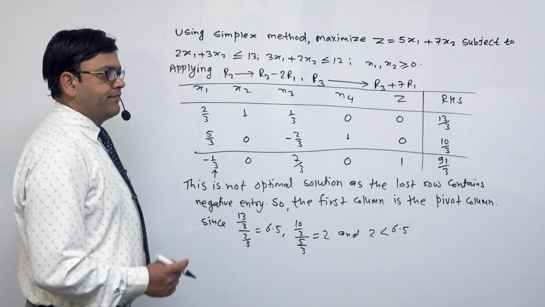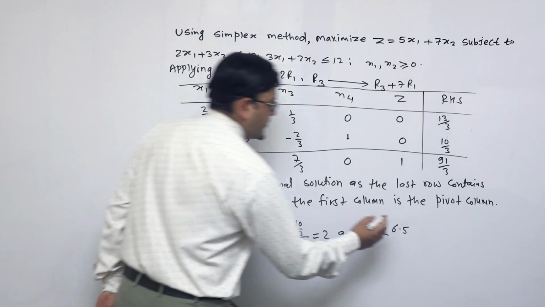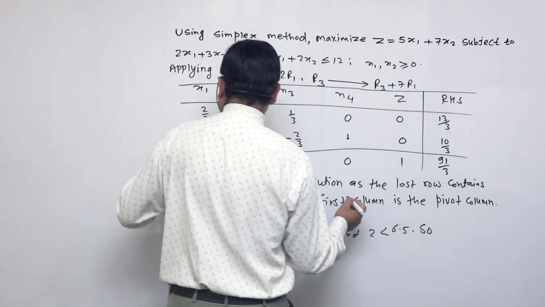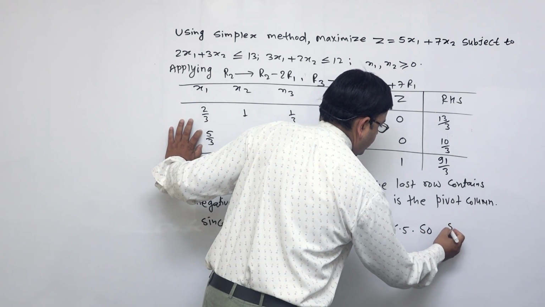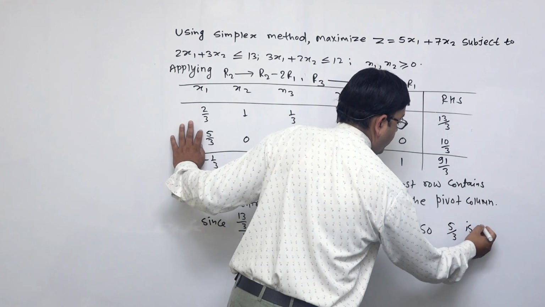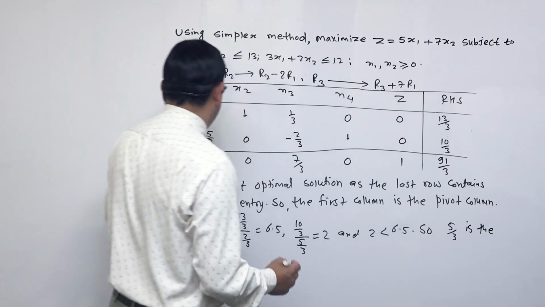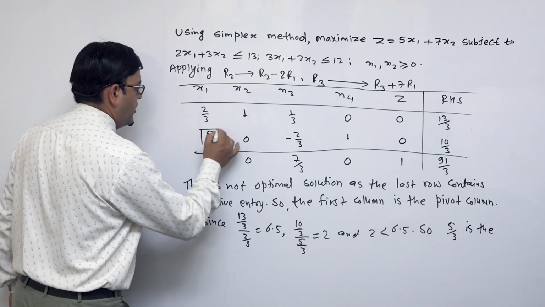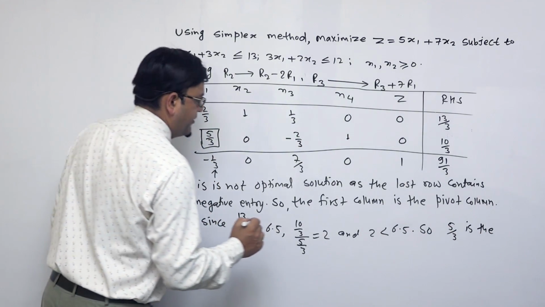So we have 5 by 3, this 5 by 3 we have here. This one is the pivot element.